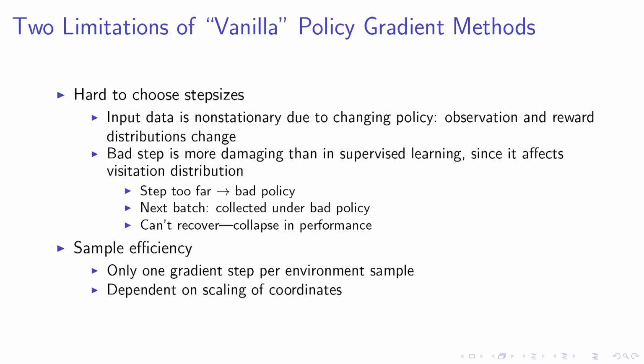Another issue with the vanilla policy gradient methods is their sample efficiency. When you collect some data, if you just use it to compute a single gradient and then throw the data away, you're probably not getting all of the available information out of it. You can see that especially well if you imagine that your network is scaled poorly. Let's say the gradients on some components are 10 to the 5 times bigger than the gradients on other components.